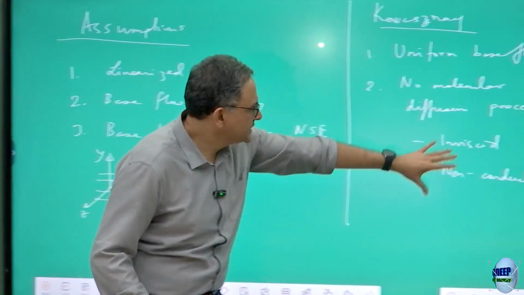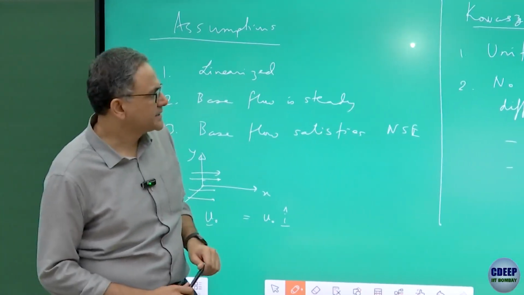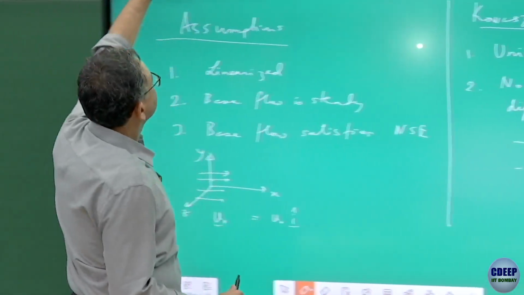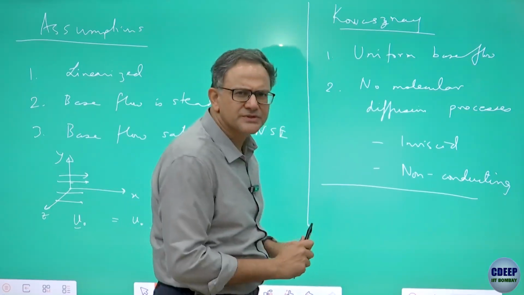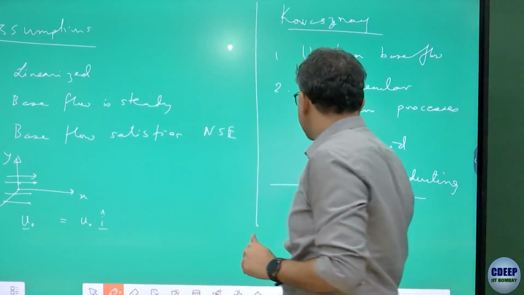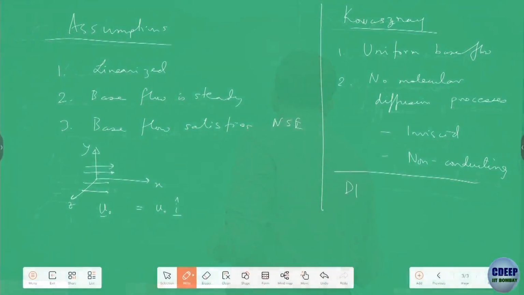And of course with the inviscid and non-conducting assumptions, you already showed that the energy equation we had written can be written in terms of the pressure. That was your quiz problem: dp/dt plus gamma p del dot u is equal to 0 is another variant of the energy equation.